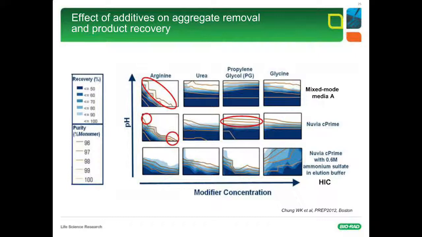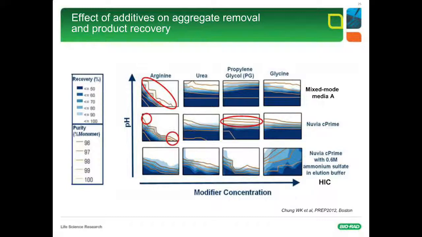However, the target molecule can be eluted with a high concentration of ammonium sulfate. So we think the hydrophobic interaction, again, is not very strong on NuVSC Prime, which is a lot of times better than a traditional HIC purification. On the other hand, we do see different effects of additives. Again, arginine works the best, so we decided to do further investigation.